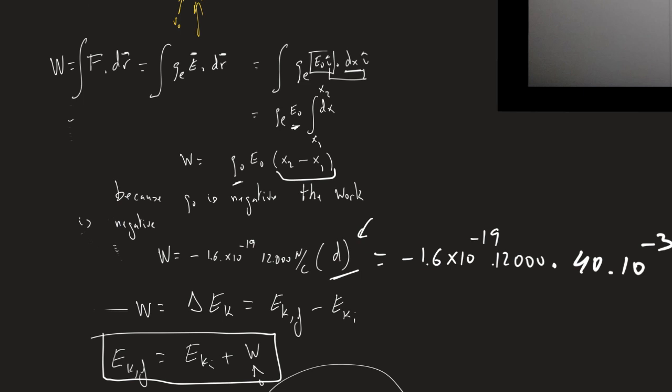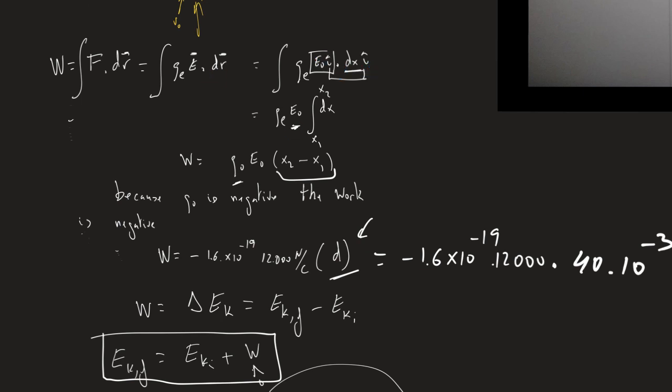So the problem is like this. I have the work done by the force of the electrical field. The force is Q times E, where E is the field and dr is the displacement. Q is the charge of the electron, which is a negative charge, so the force is in the opposite direction of the electrical field. If I do this dot product, it will be QE in the i direction, because the electrical field is going to the right, and the displacement dr is dx times i.